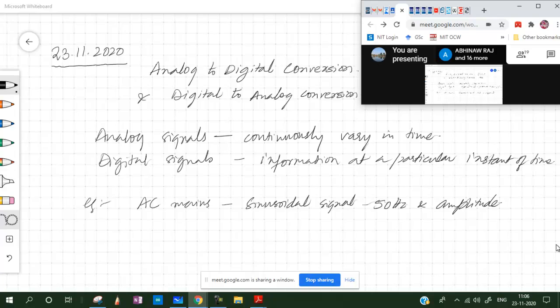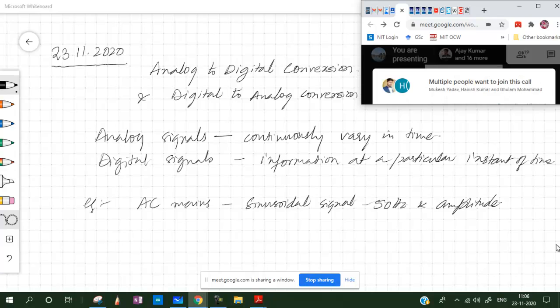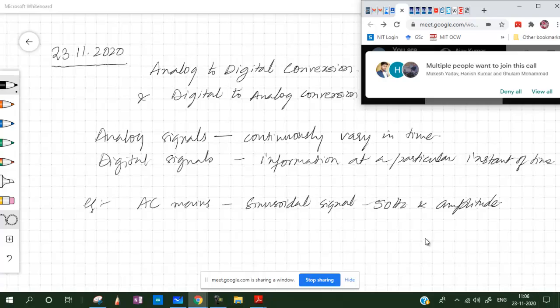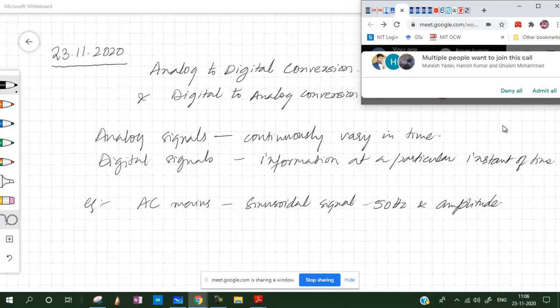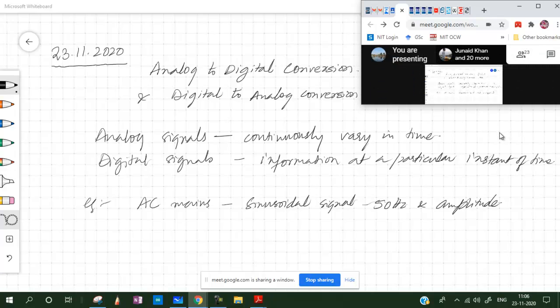So the AC signal that we get in our mains is a sinusoidal signal, which is an analog signal that varies continuously with time, and obviously it has some amplitude and frequency.